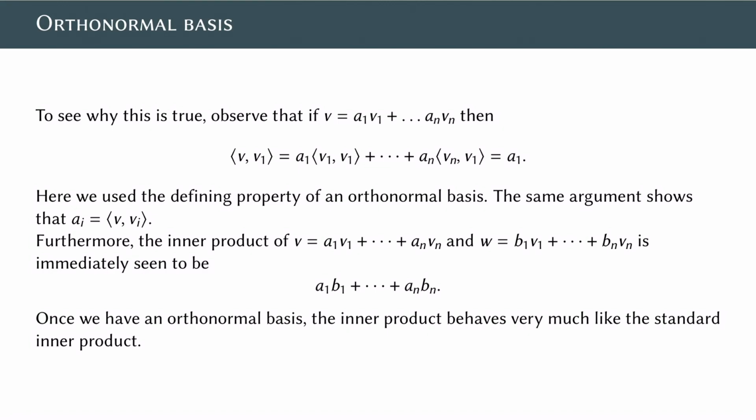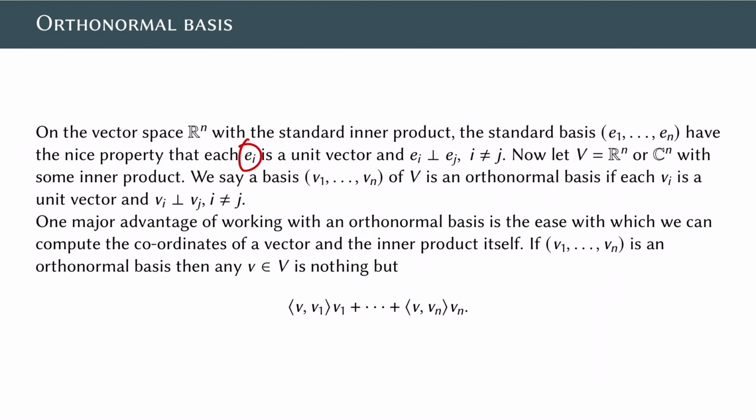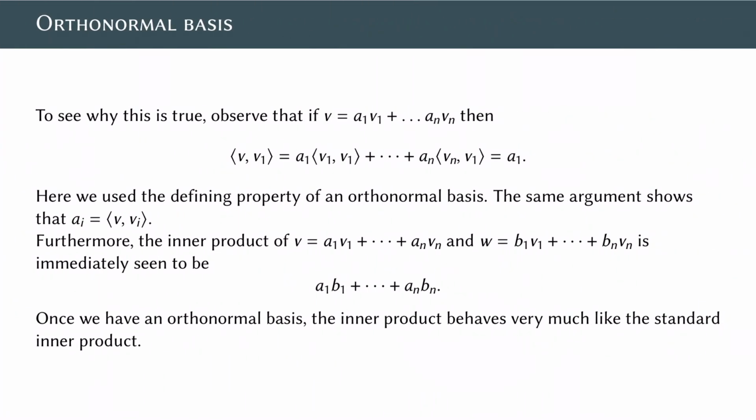So all these other terms just vanish, and we are left with A1 times V1 inner product with itself. But V1 inner product with itself is just 1 because V1 is a unit vector. We have already assumed that in an orthonormal basis each Vi should be a unit vector. So V inner product with V1 is nothing but A1. The same argument will show that Ai must be V inner product with Vi.